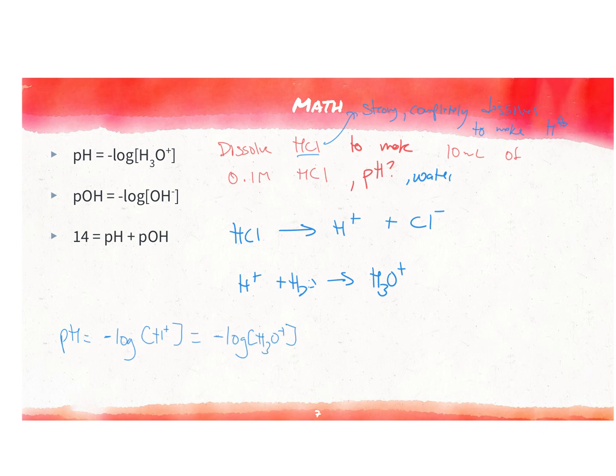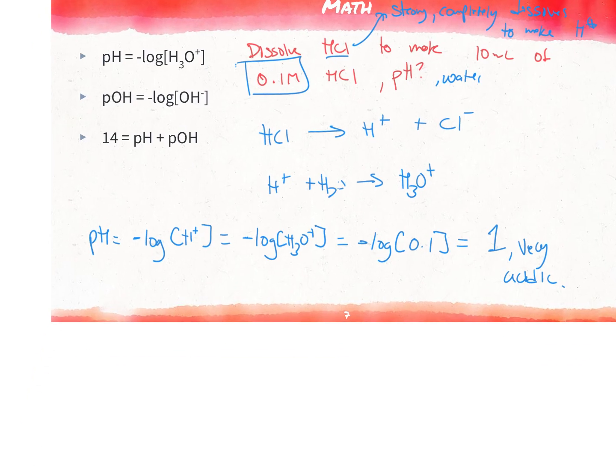And since it's strong, I just use that concentration because it's completely dissolved. So minus log of 0.1. If you do this math, you'll find that the pH is equal to 1, which means very acidic.